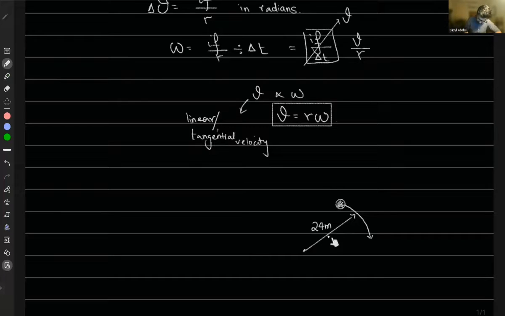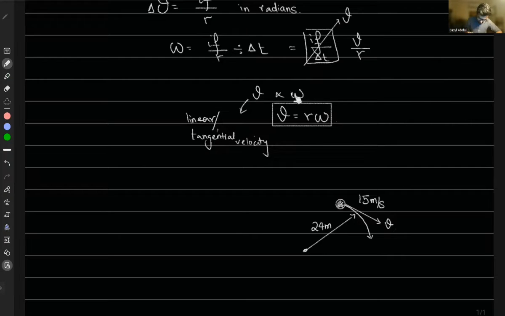So here is the center, and the radius for this bend is 24 meters. Now the car is traveling at a constant speed. Let's just say that it's 15 meters per second. Now, if the speed of the car is given in meters per second, then obviously it is the tangential velocity.